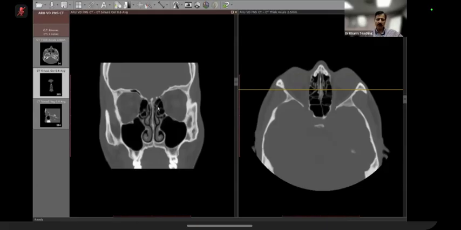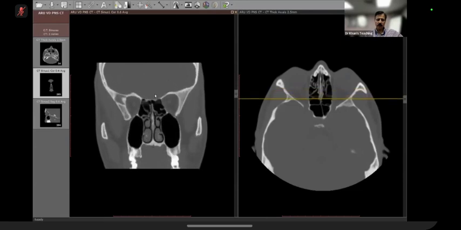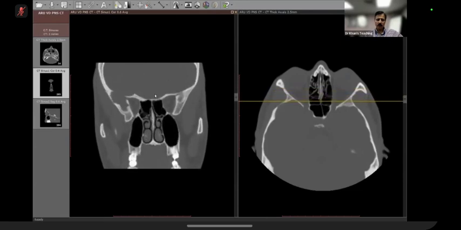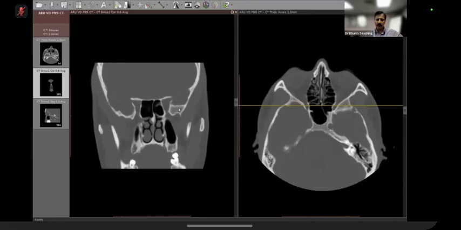Now we are at the middle ethmoid sinus, and the key thing is that this is the ethmoid bulla. You can see we are at the middle. We are going posteriorly, and if you look carefully, we are still in the ethmoid sinus. This is the sphenoid sinus, and now we have gone into the sphenoid.